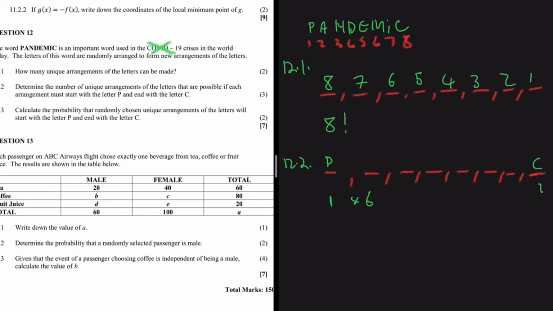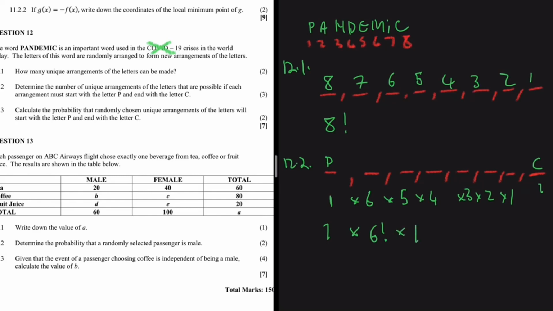And then on the next position, we have 5 possible letters because we have exhausted 3. And then on the fourth position, 4, 3, 2, 1, right? So we have 1 multiplied by 6, 5, 4, 3, 2, 1. So that's basically 6 factorial. And then the last letter is C. We only have one C. So that will be 1.